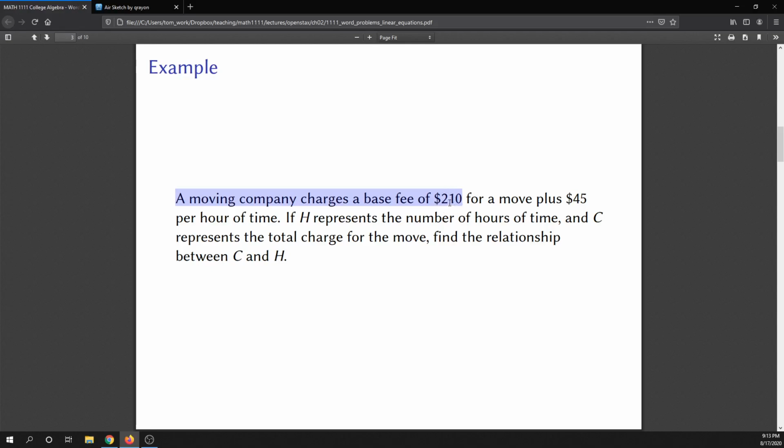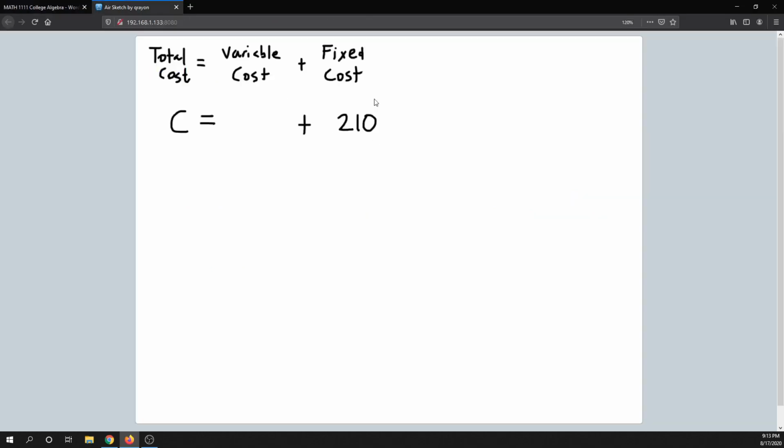Then it's going to be $210 plus $45 per hour. That would be exactly the same if you had a four-bedroom house with lots of stuff in it. It's still going to be $210 plus $45 per hour. So this $210 is the fixed cost, the base fee, and that goes right there.